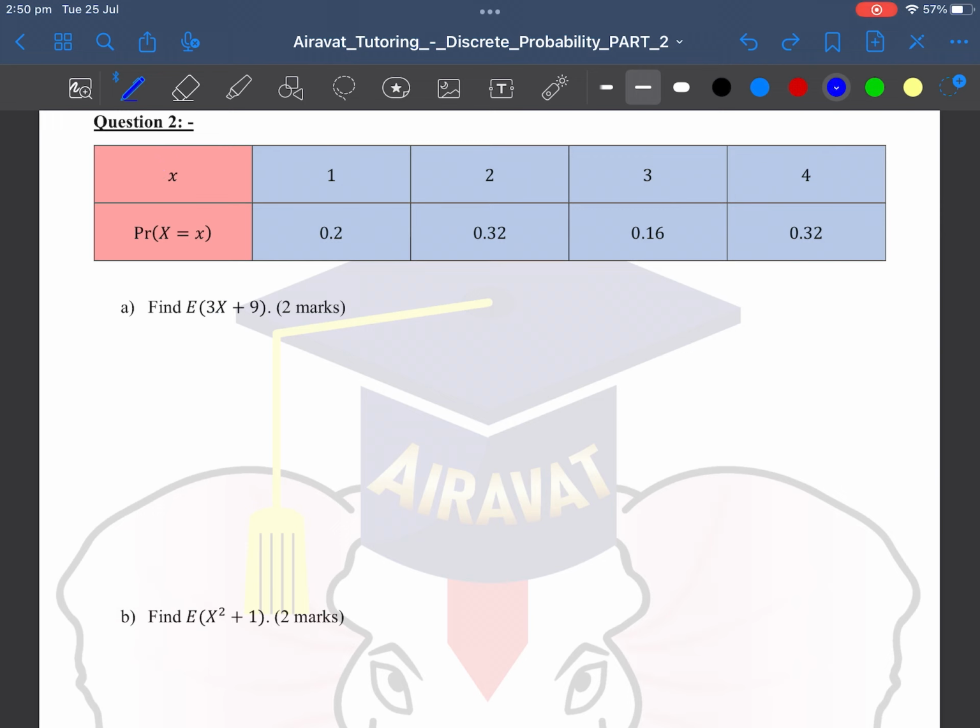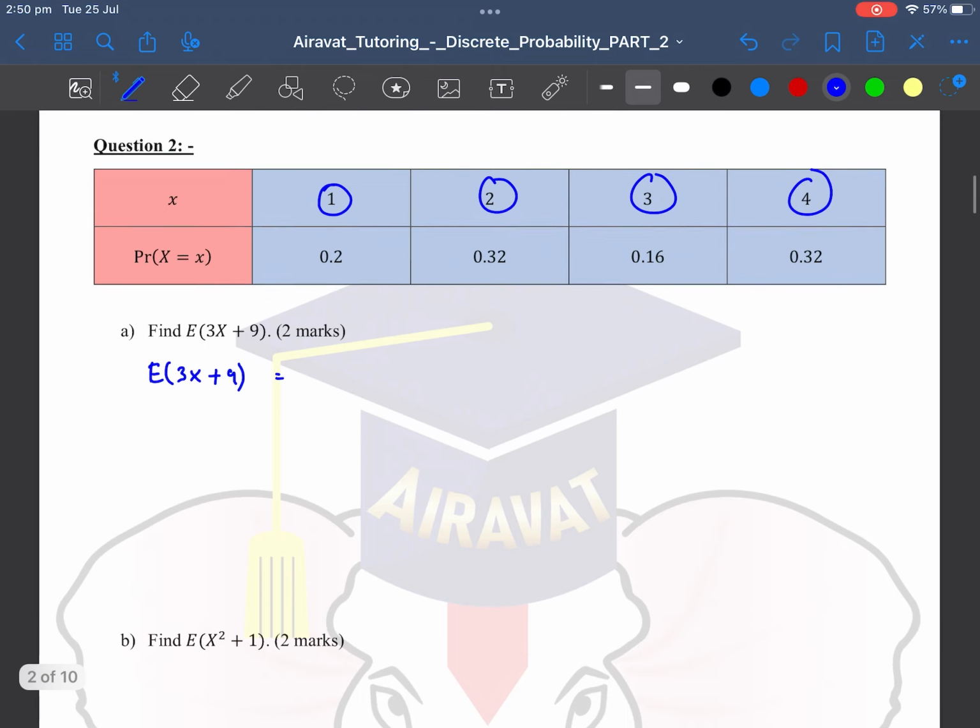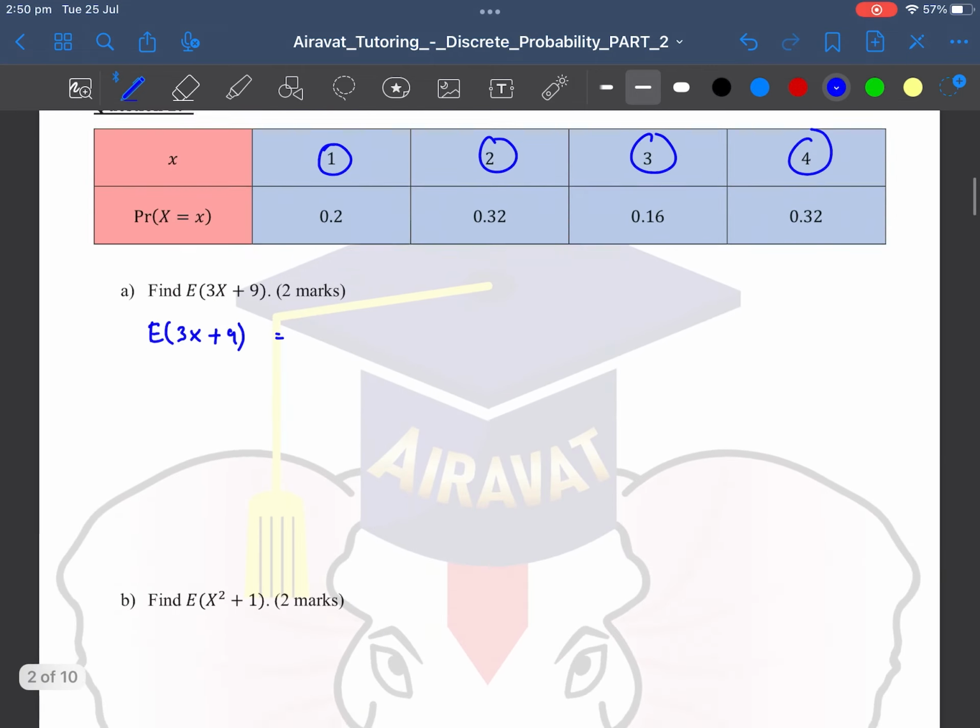Well, to find E(3X + 9) we can just substitute 1, 2, 3 and 4 in terms of x, and then multiply like we did for this question over here. But let me just show you.